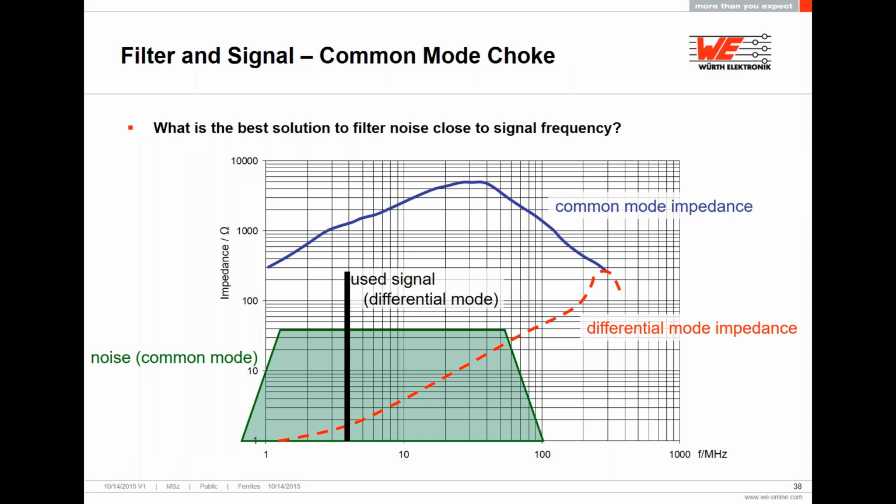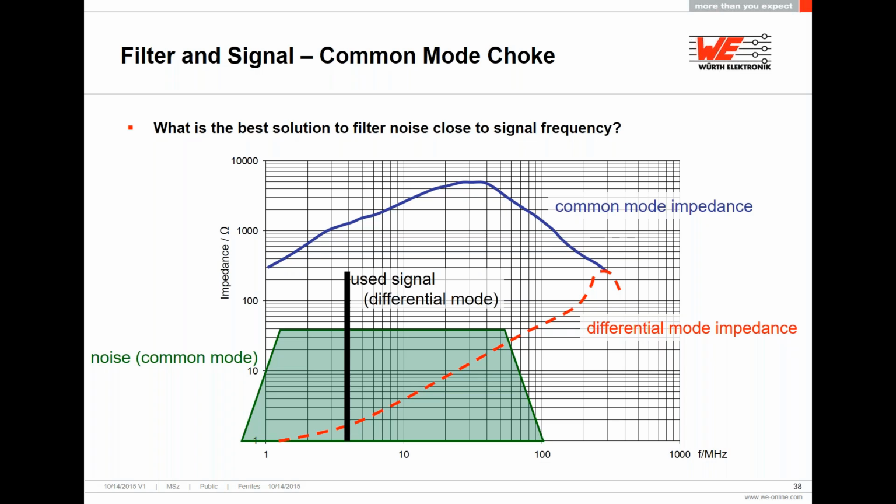The blue line right here represents your common mode impedance, and the red dotted line once again shows your differential mode impedance. Your useful signal is the thick black line at 4 megahertz that you can see on the graph. So as you can see, you're making good use of the common mode choke because it has a high common mode impedance at 4 megahertz and low differential mode impedance.